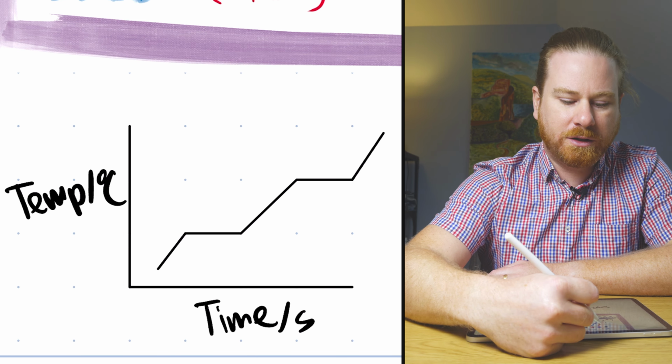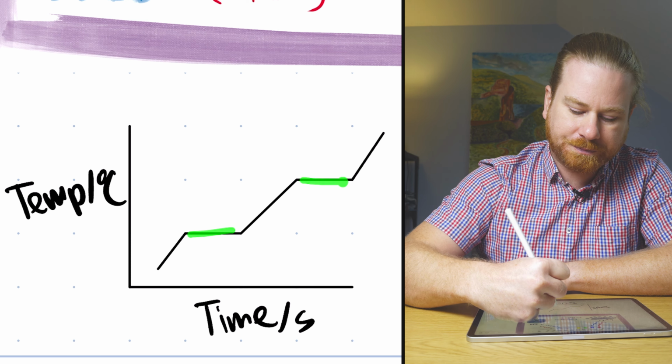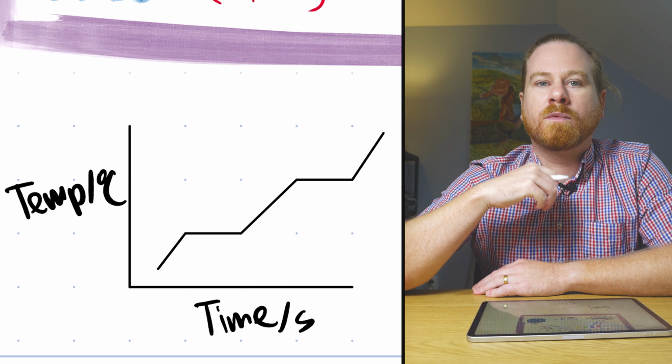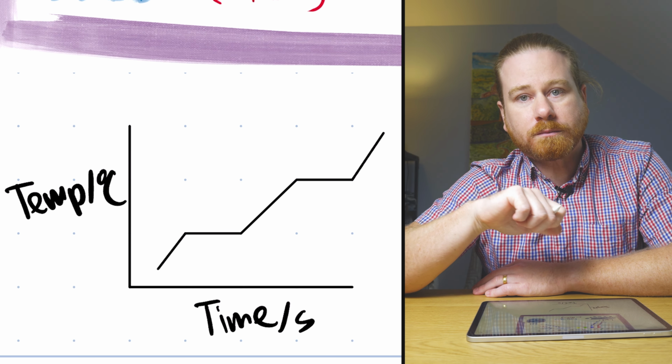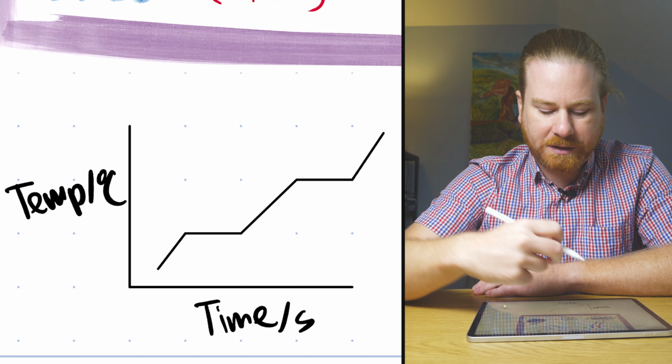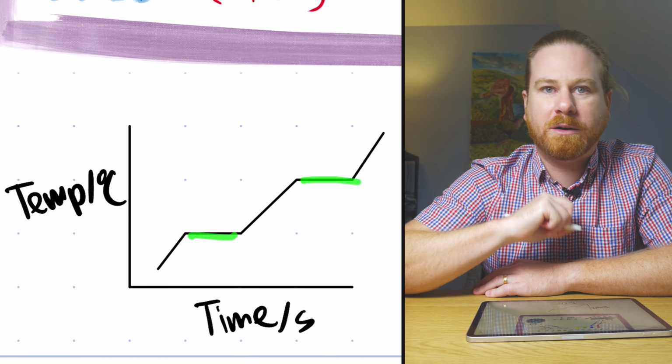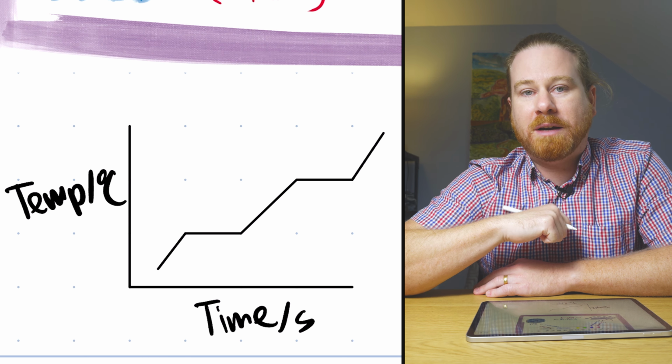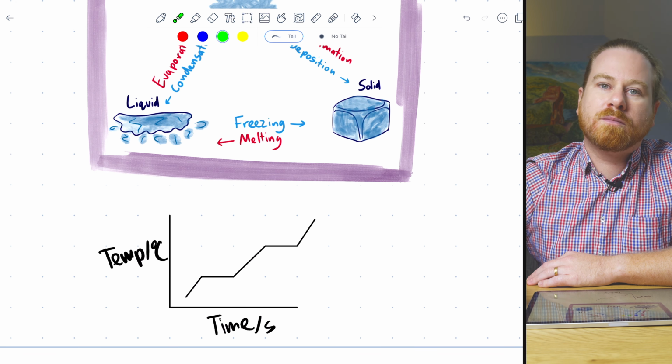So this is why you are getting the flat lines during this heating graph. And what else do these flat lines tell you? If they're perfectly flat, like they are in my diagram, then it means you have a pure substance.